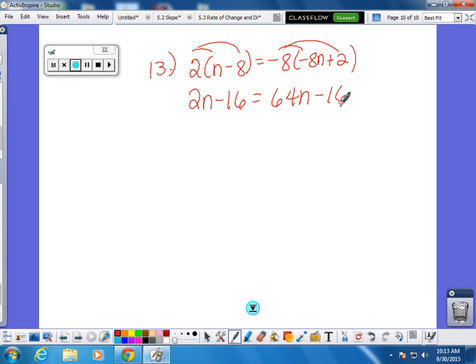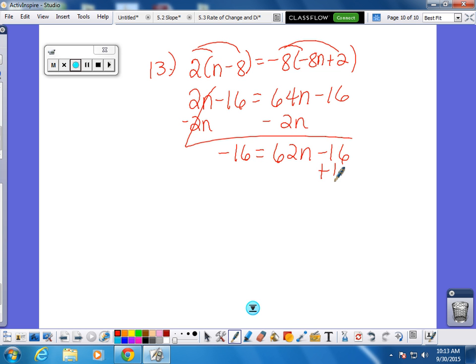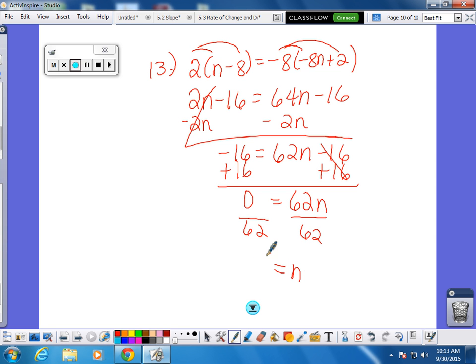If I subtract 2n, add 16, what's gonna happen? 0 equals 62. So 0 is okay. Divide by 62, still get 0. I got no solution.